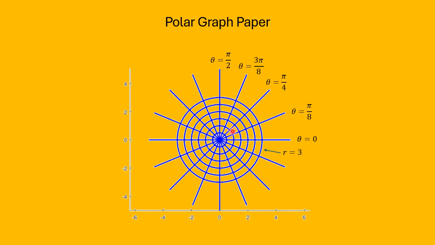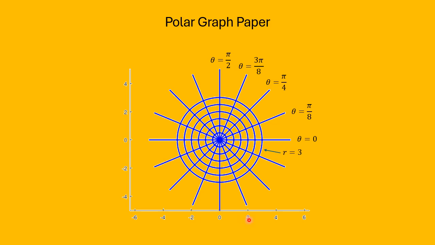We also see some concentric circles here. At the pole, more or less the origin here, r is equal to 0. If you count out, you'll find that there are 1, 2, 3, 4, 5, 6 circles here. I also have some rectangular coordinates here for length shown.